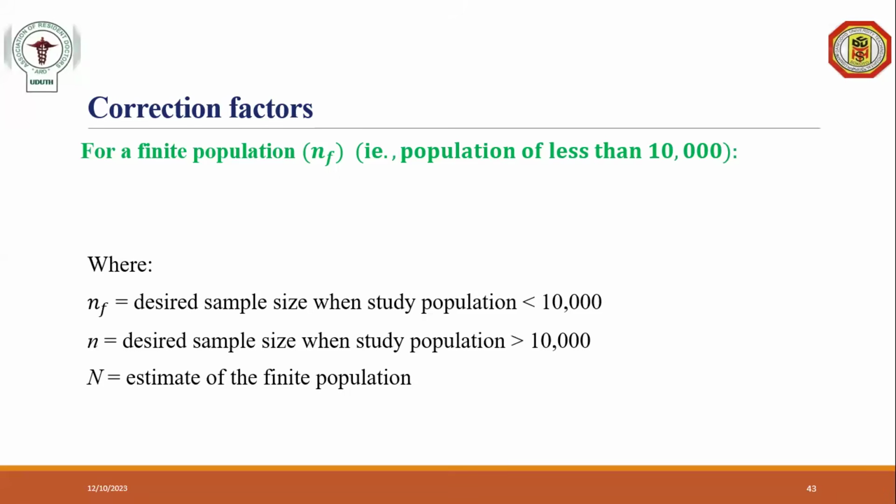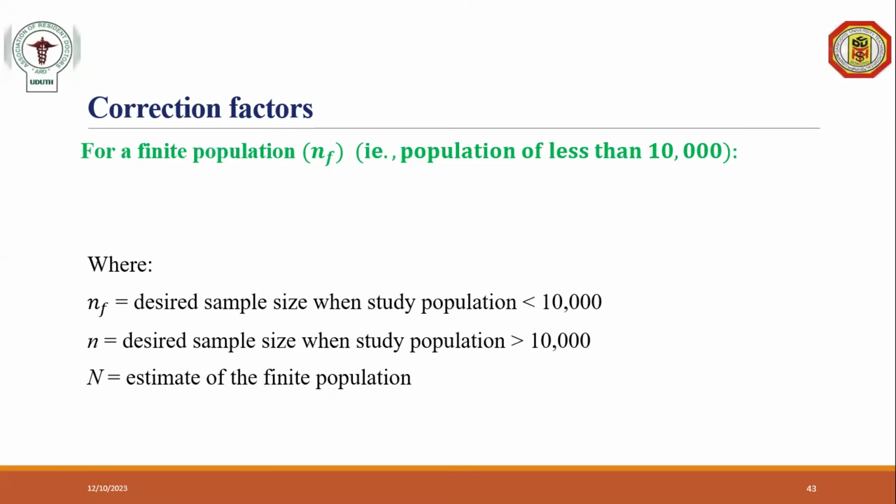NF, the finite population correction, is equal to small n all over 1 plus small n over capital N, where NF is the desired sample size when the study population is less than 10,000.